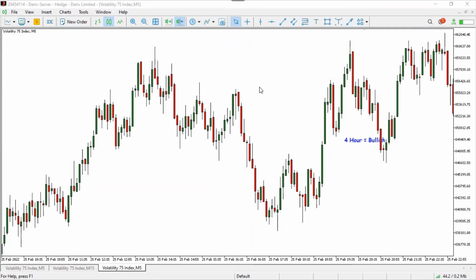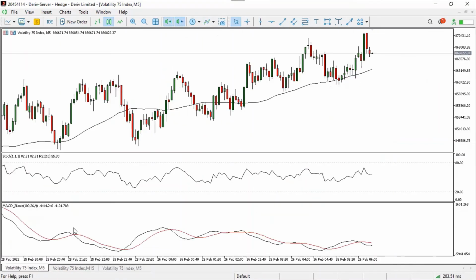So the next thing that we have to do is install the moving average on this chart, and it's misbehaving.